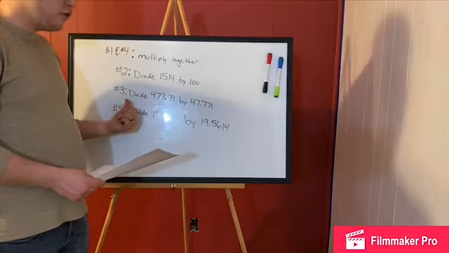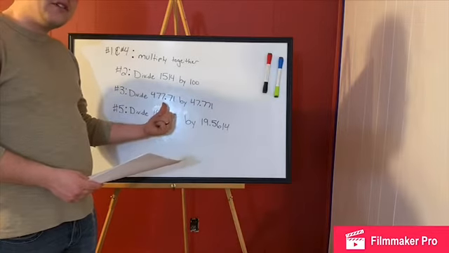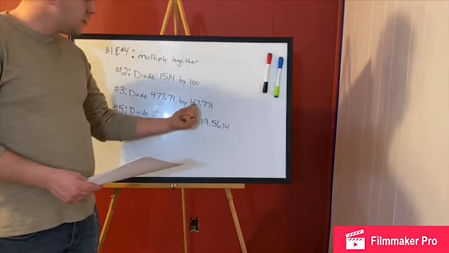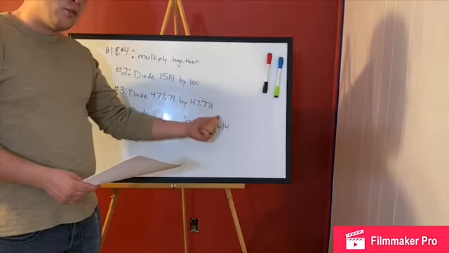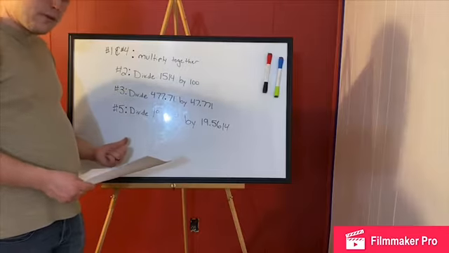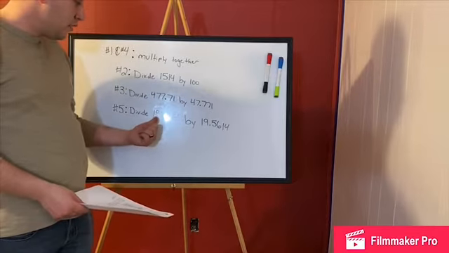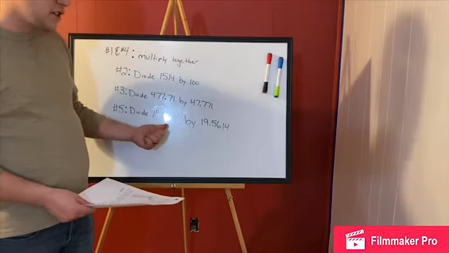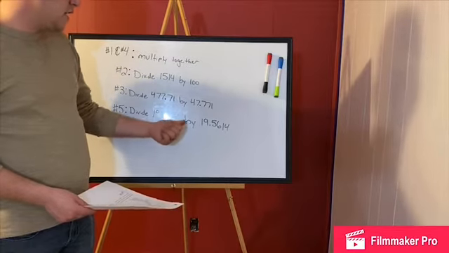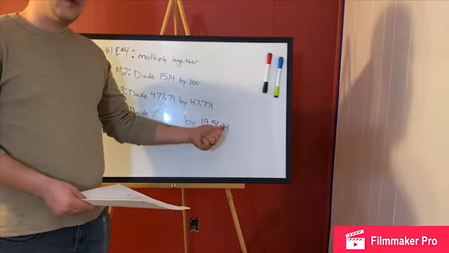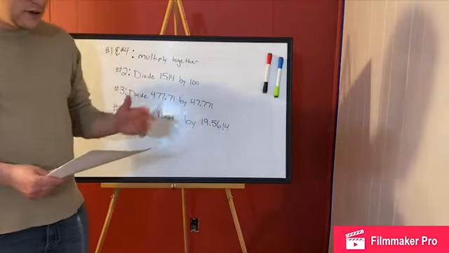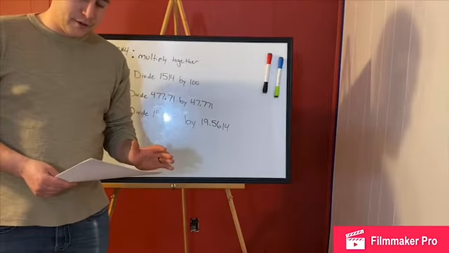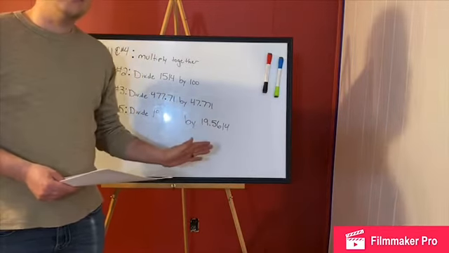For number 3, you divide 477.71 by 47.771. And finally, for number 5, you divide 195,614 by 19.5614. Your answers, some will be whole numbers and some will be decimal numbers. That's all you need to do for part 1.